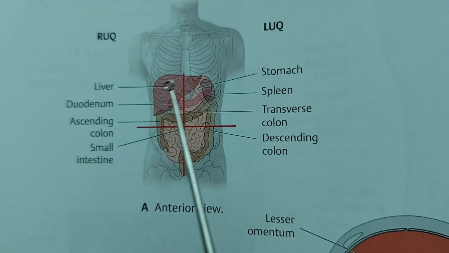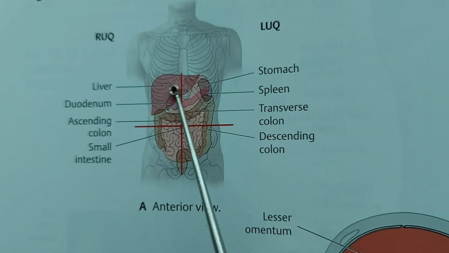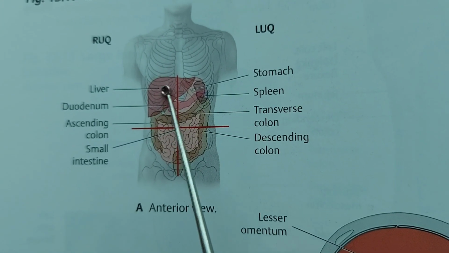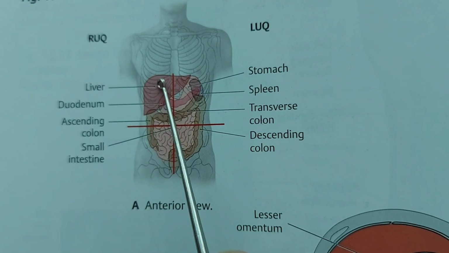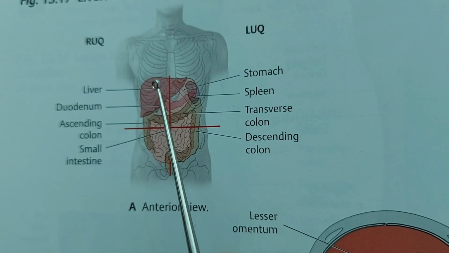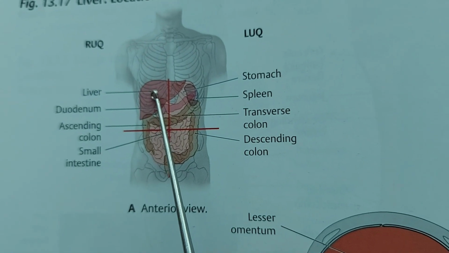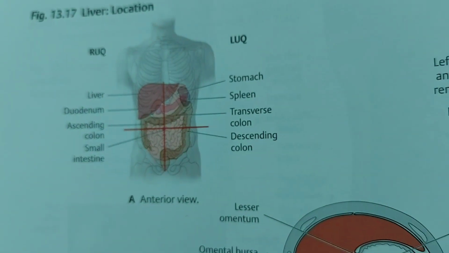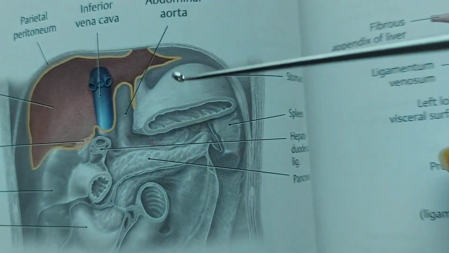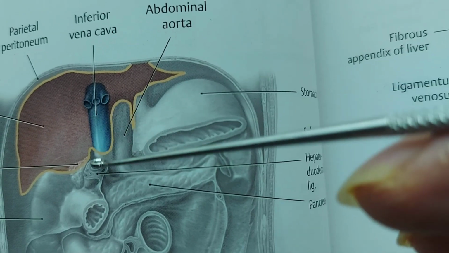Sometimes it might be asked how this heavy structure remains in the upper part of the abdomen. The answer is that it is connected here. You can see the inferior vena cava.